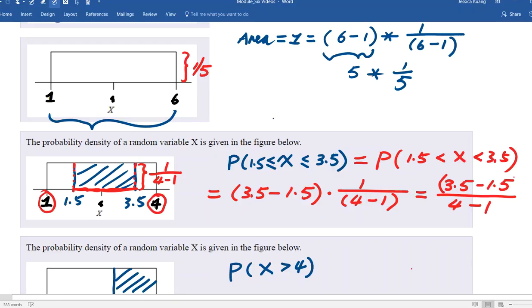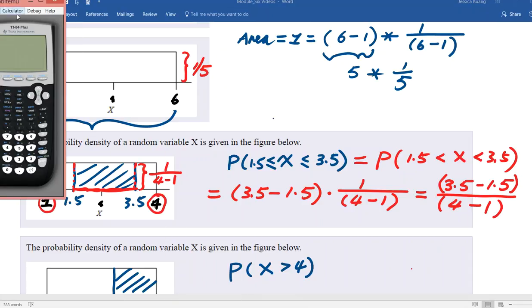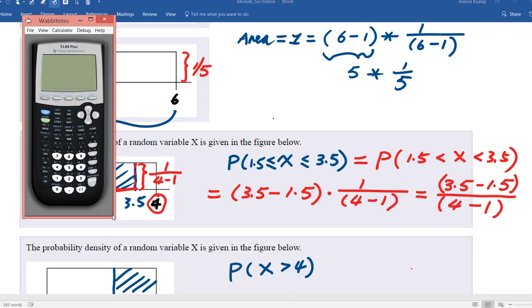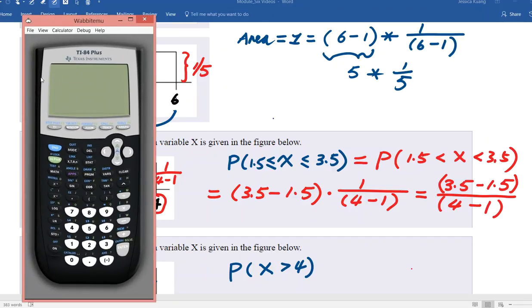Before I put the information into my graphing calculator, I want to put a set of parentheses around the top and the bottom, just to make sure that the order of operations is correct. So I would do parentheses 3.5 minus 1.5, close the parentheses, and divide by parentheses 4 minus 1, close the parentheses, and that is my answer.